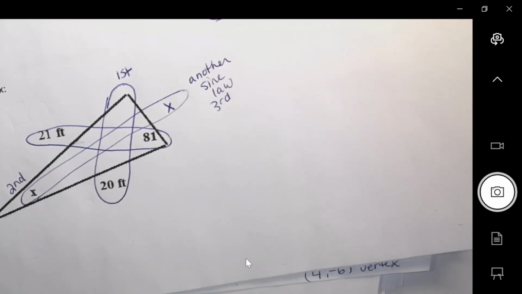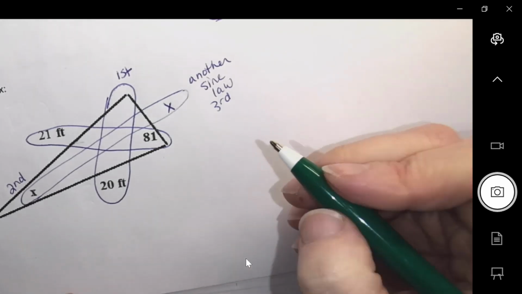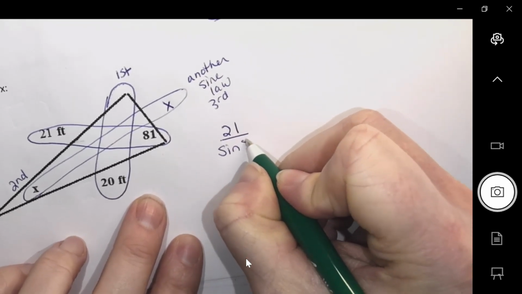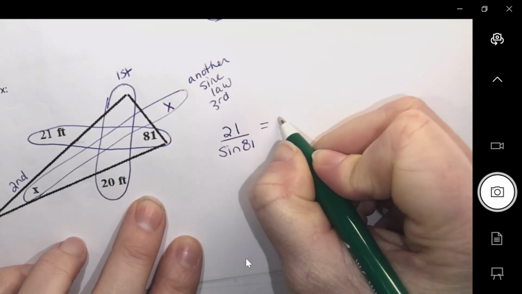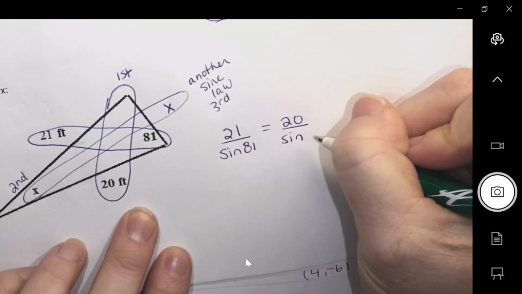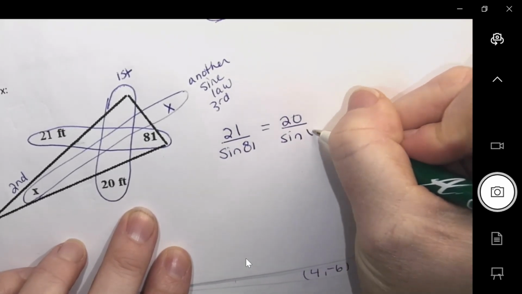Okay, everybody knows the lowercase letters are sides, uppercase are angles? Okay, so we got 21 is across from sine 81. And 20 is across from sine of, we got to give it a different letter. Y?